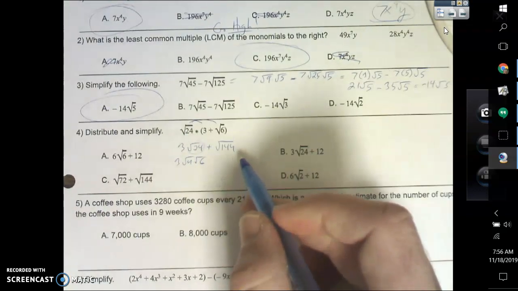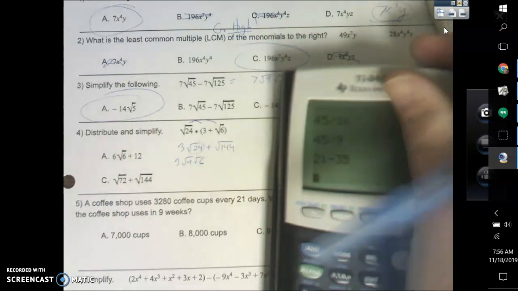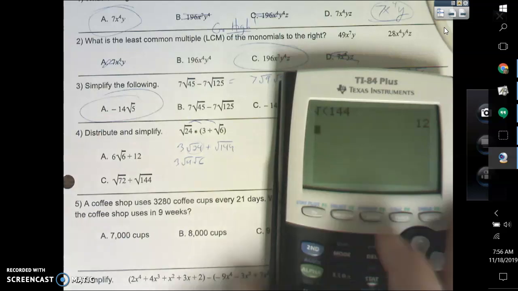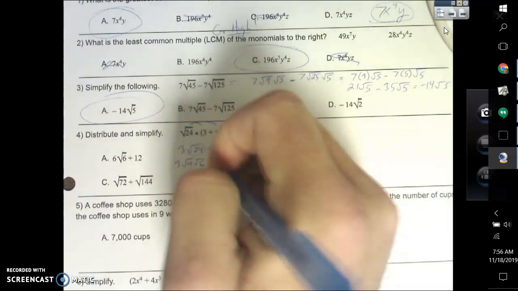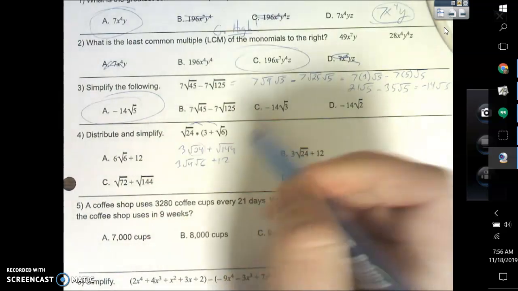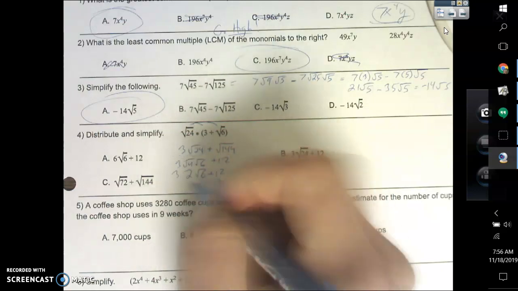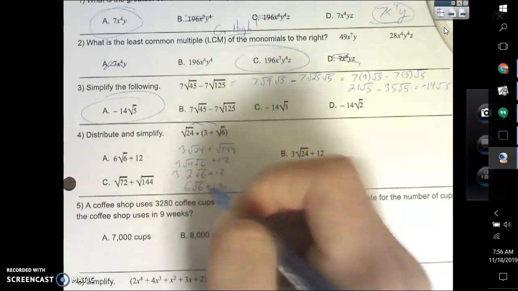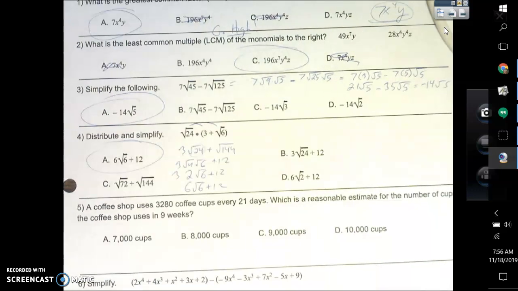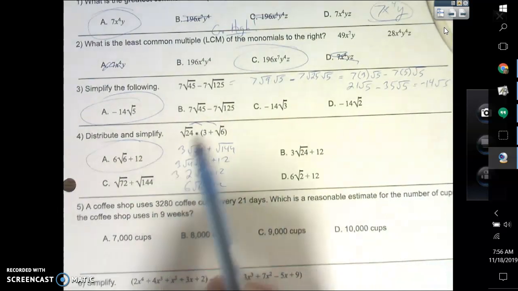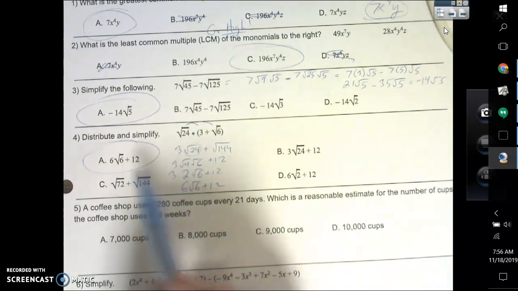The square root of 144, we get kind of lucky with that one, because you would get 12, just 12. The square root of 4 is 2. 3 times 2 times root 6 gives you 6 root 6 plus 12. Boom. Be careful if you use a calculator here because both of these are going to give you the same thing, but you want the one that's further simplified down. Good stuff.